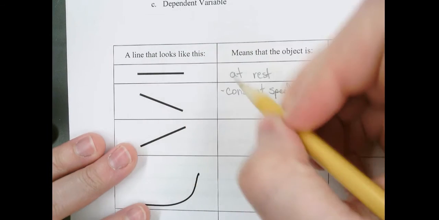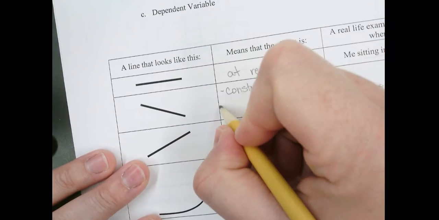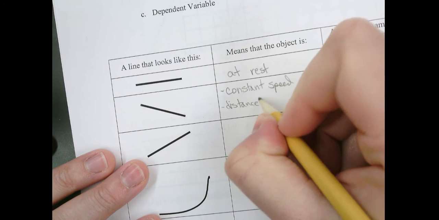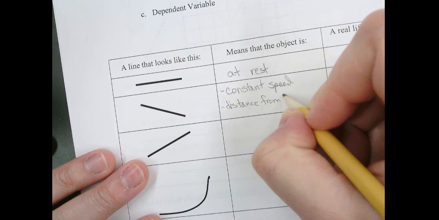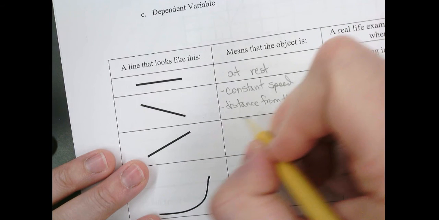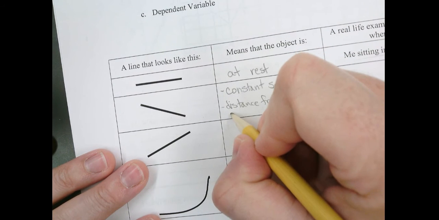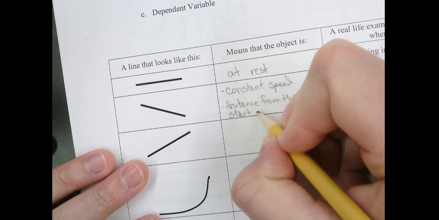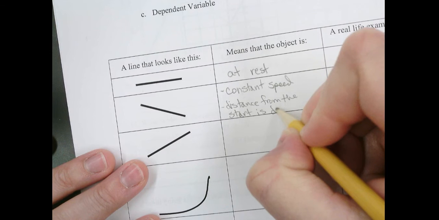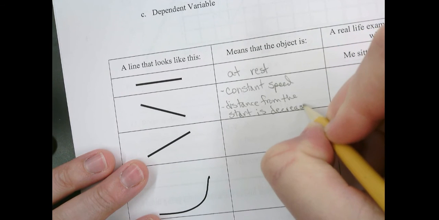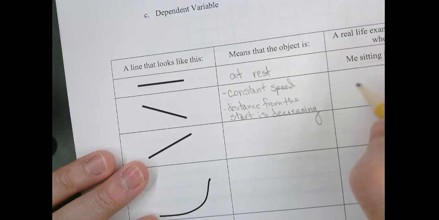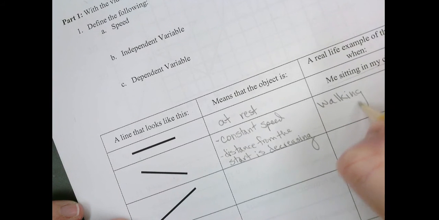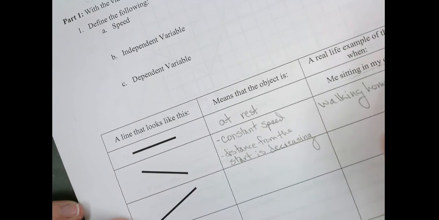Okay, so if it's going down, the distance from the start or home or the origin is decreasing. So a real life example would be walking home, assuming you're going at the same speed.